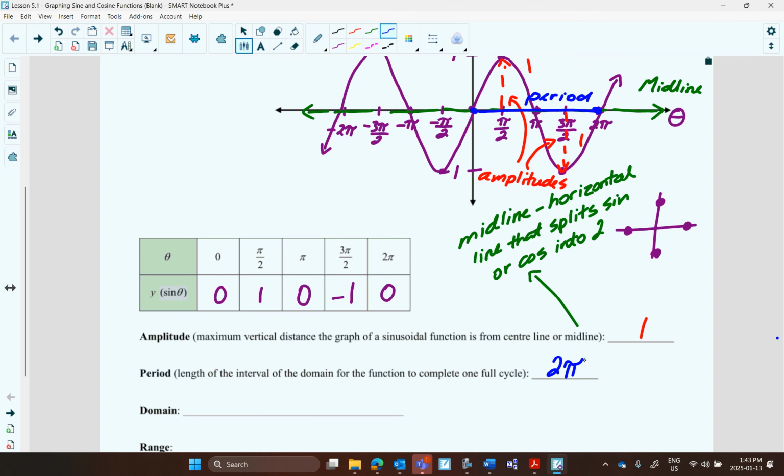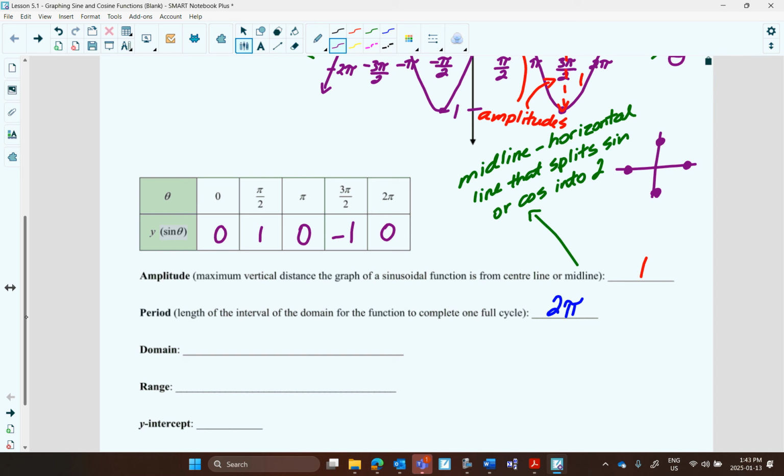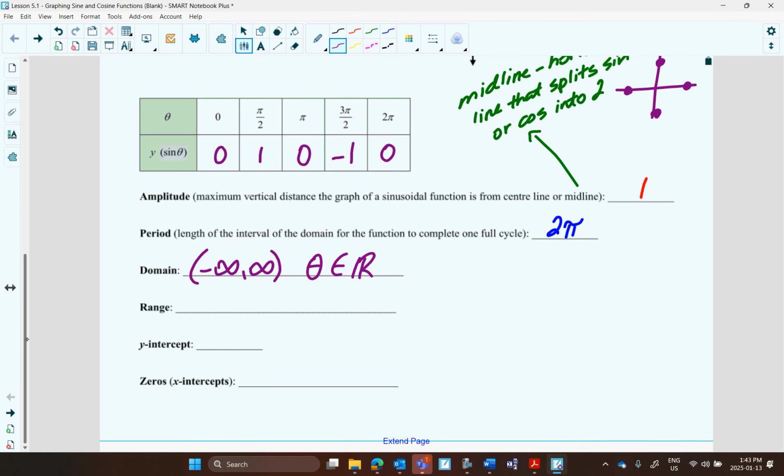Now, these other ones, you're pretty familiar. So looking at this graph, what's the domain? Negative infinity, positive infinity. Or theta is an element of the real numbers. Either one is fine. You don't have to know both. What's the range, lowest to highest? Including both.